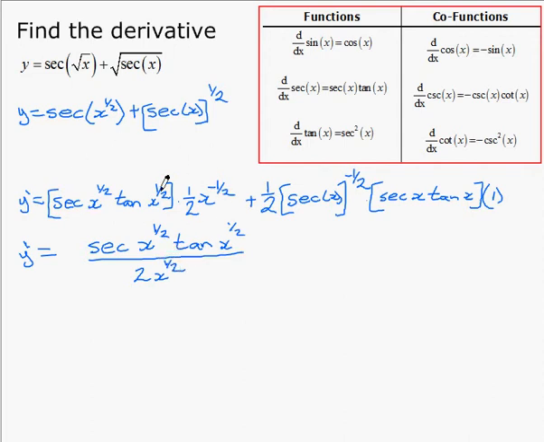So that's this section, plus we have secant x tan x over 2 secant x all to the power of a half. And we've simply gotten rid of the negative exponents. We could actually simplify a little here, but for our purposes this is fine.